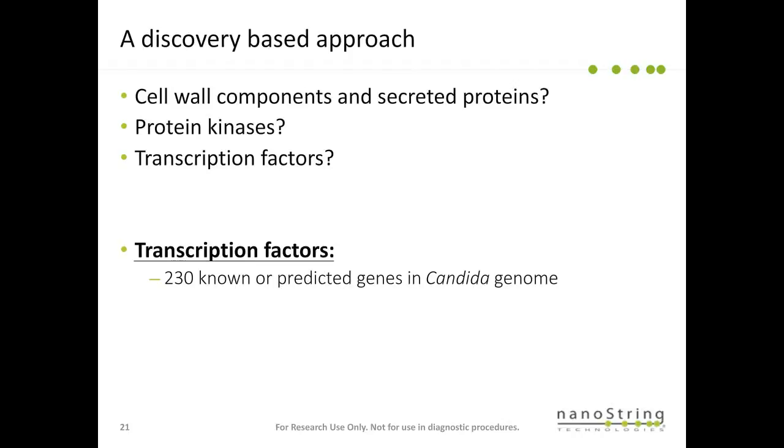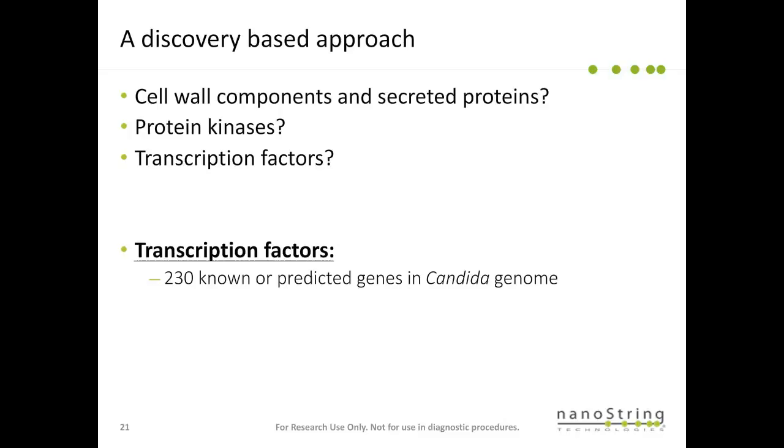So that's about the environmental response gene code set. Secondly, we decided to take a more discovery-based approach. So here we have a more open-ended question. We don't assume we know anything about what each gene does. We simply ask: how about if we study all the cell wall components or the secreted proteins of a pathogen?